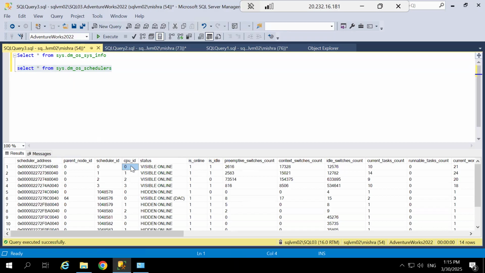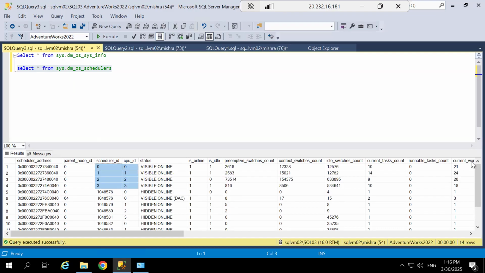First processor is CPU 0, then 1, 2, and 3. And for that, you have four schedulers with scheduler ID 0, 1, 2, and 3. So these are your user schedulers, which are responsible for allocating CPU time to the user query threads. But apart from that, there are system schedulers, which are basically assigned with very high scheduler ID values, you see here, right?